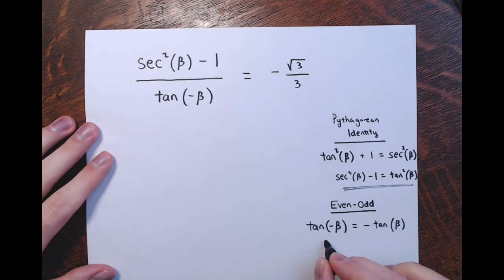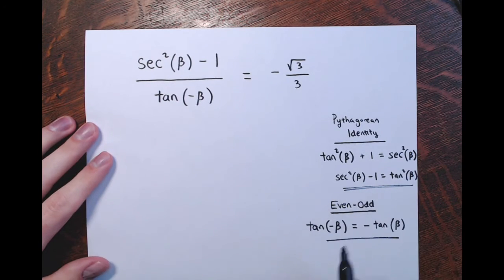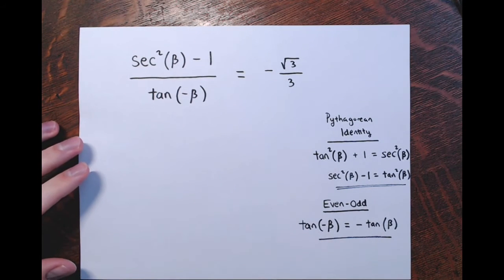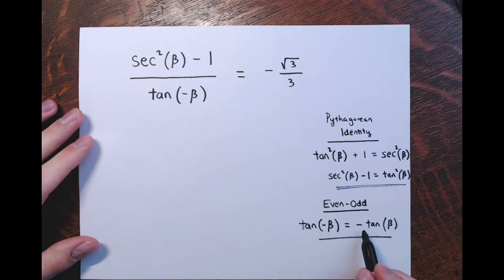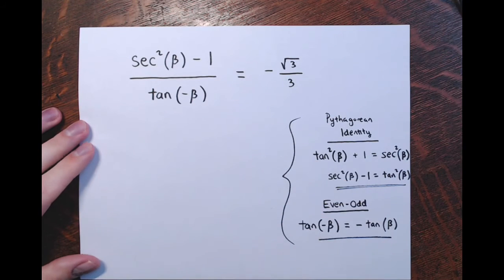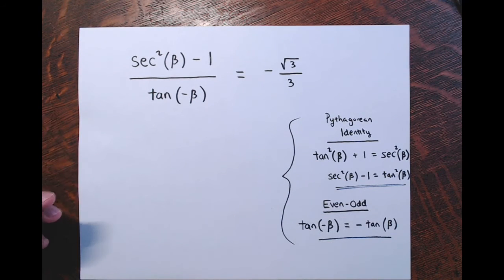Alright, so I'm going to make these two replacements. I'm going to replace secant squared beta minus 1 with tangent squared beta, and I'm going to replace tangent of negative beta with negative tangent beta. This is the use of the fundamental identities.